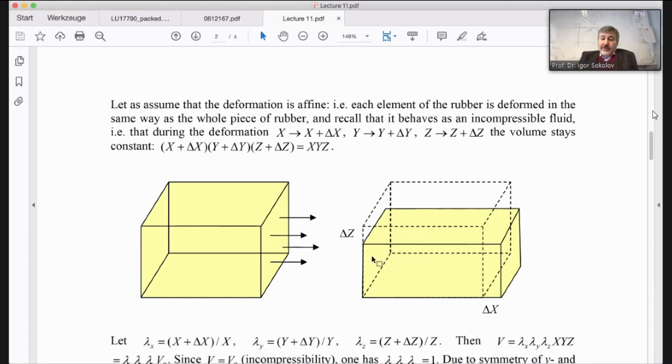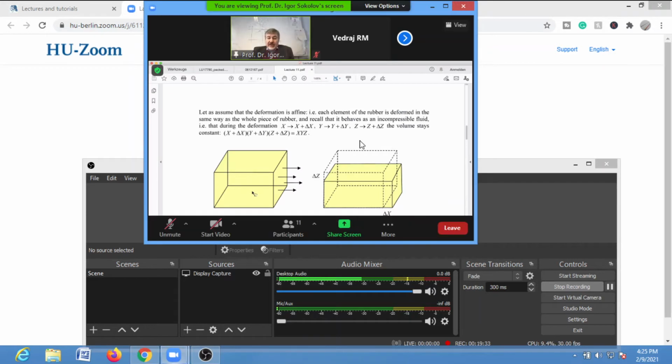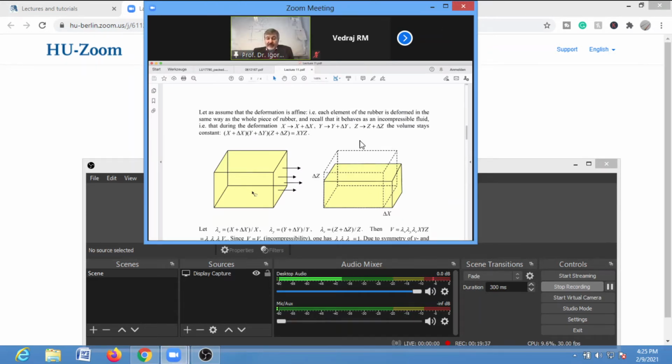So if I push it on one side and the volume stays constant, it has to get smaller in two other dimensions. So it elongates, and here it gets smaller. Or if I push, it shortens and gets larger in two normal dimensions.